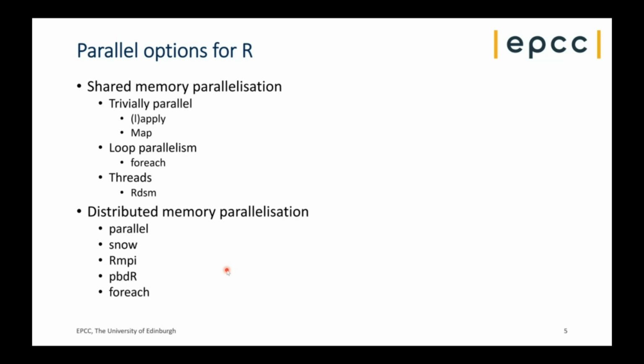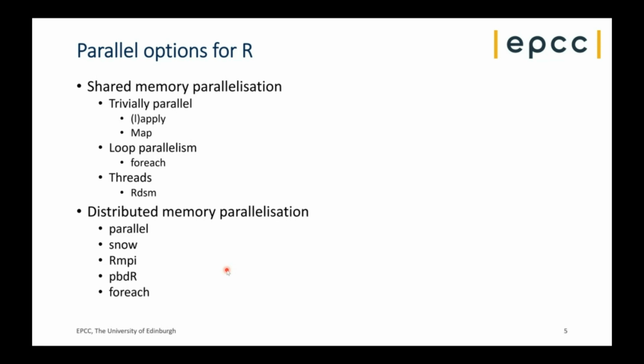And then for distributed memory parallelism, there are packages like parallel, snow, and Rmpi, and these all have some mechanisms for communicating across nodes, distributing work across nodes, and gathering and exchanging data, these kinds of things.